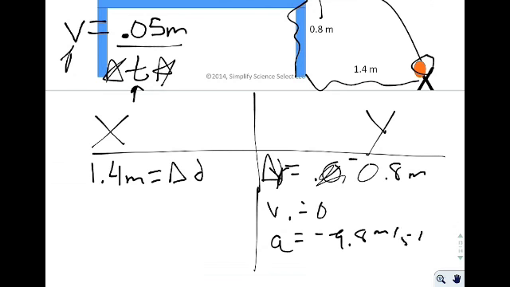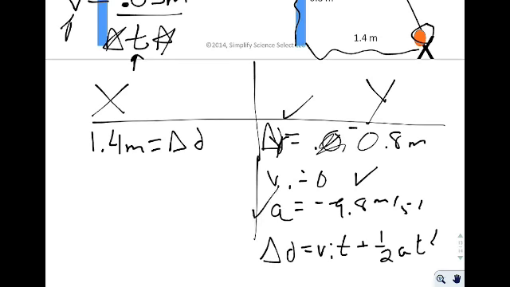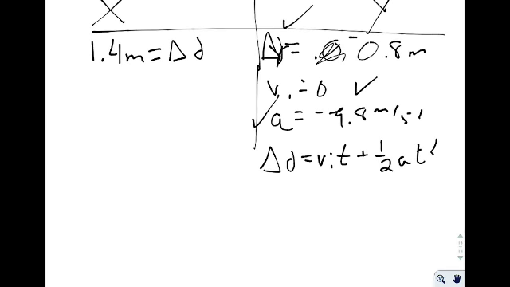So I have a sufficient amount of information to use delta d equals v_i t plus 1/2 a t squared, because I have the displacement, the initial velocity, and the acceleration. When I plug in, you get negative 0.8 equals, this term zeroes out, minus 4.9 t squared.